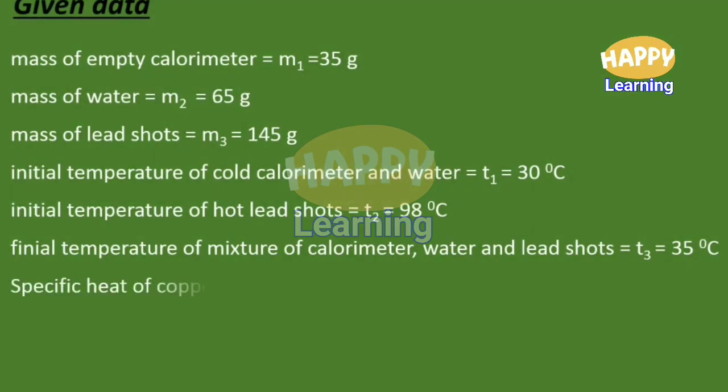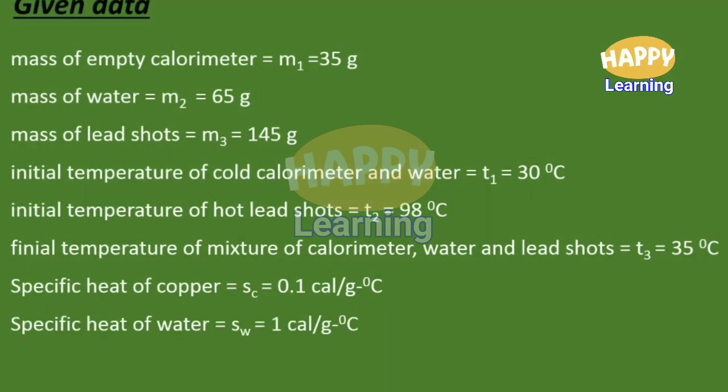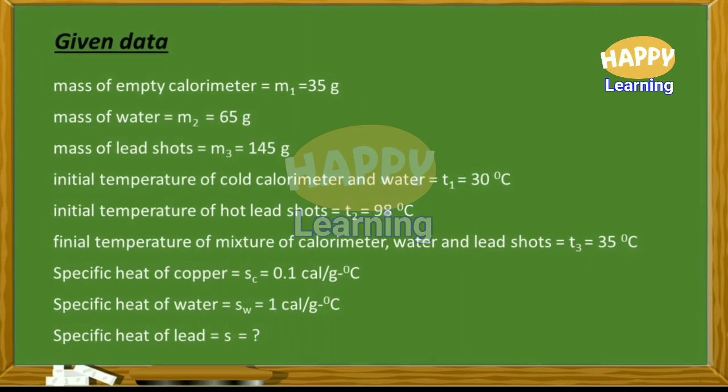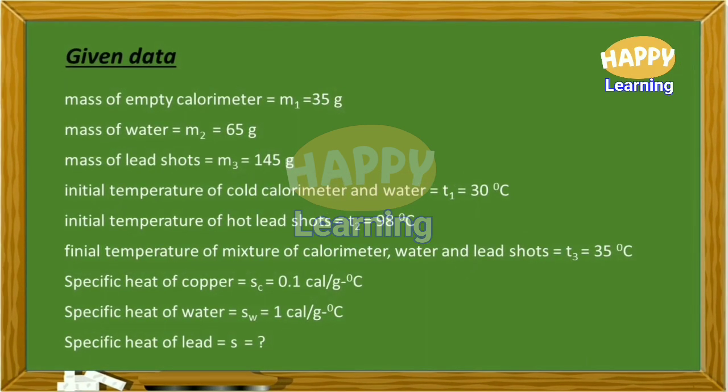Specific heat of copper SC is equal to 0.1 calorie per gram per degree Celsius, and specific heat of water SW is equal to 1 calorie per gram per degree Celsius, and specific heat of lead, let it be equal to S, which is to be determined.